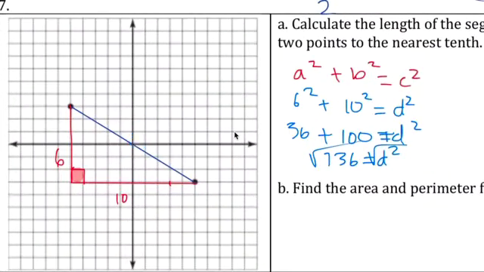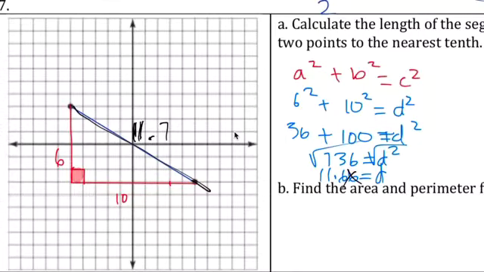This diagonal length is, calculator, square root of 136, 11.66. This is a 6, so it becomes 11.7. 11.7 is this diagonal length.